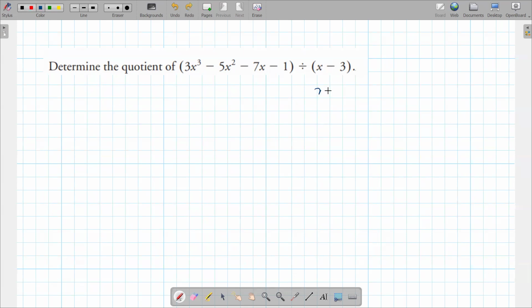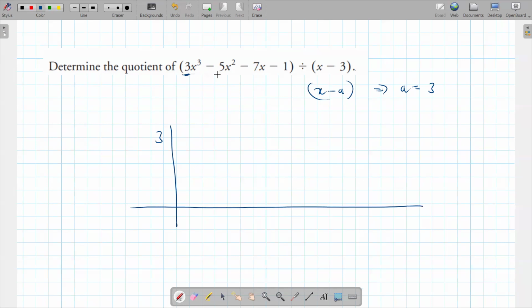So compare this with x minus a. What's our a value? It's 3. Whenever you're doing synthetic division, the a value must be on the outside. And the coefficients of your polynomial, just the coefficients, you don't have to put the x's, go in there.